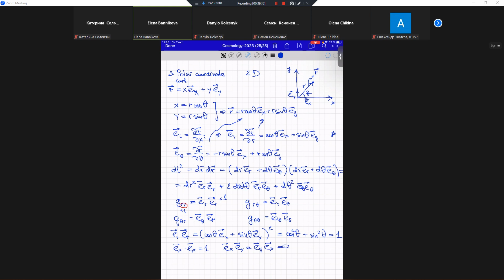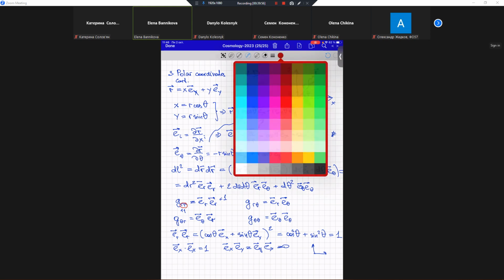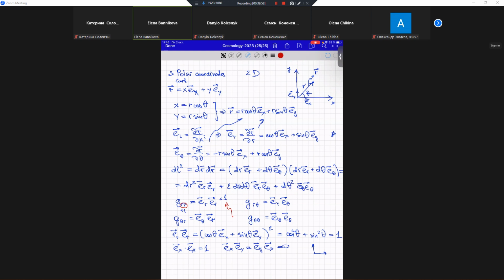Exactly what we have for the Cartesian system, because in the Cartesian system our coordinate axes are perpendicular to each other. So we really proved this point that g rr in the polar reference system equals unity.